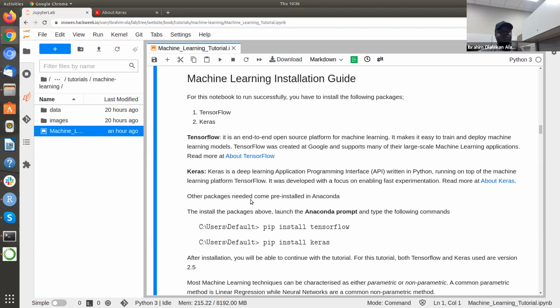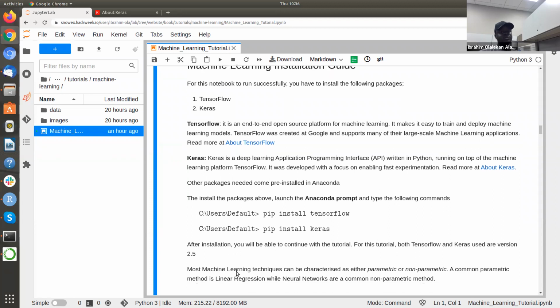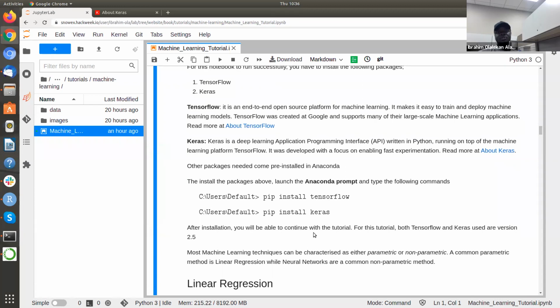If you're using Anaconda and want to install TensorFlow and Keras, because they don't come pre-installed in Python, all you have to do is go to your Anaconda prompt and type this command: pip install tensorflow, and then pip install keras, and it's going to install them for you. After installation, you would be able to continue with this tutorial, that is if you want to do it on your local computer.